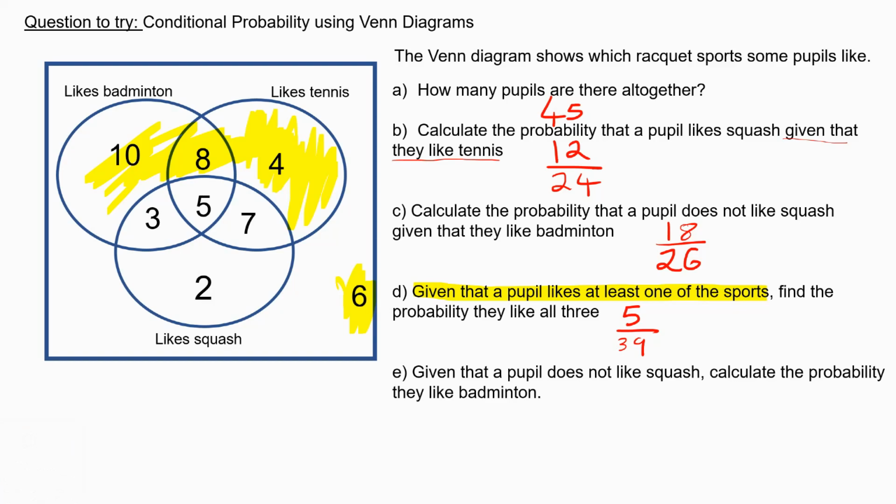So that's what I'm restricting myself to. Now within this, there are 18 pupils who like badminton. So it's going to be 18 out of all of the highlighted areas, which is 10 plus 8, which is 18, plus 4, 19, 20, 21, 22, plus 6, which is 28. So my answer would be 18 out of 28.